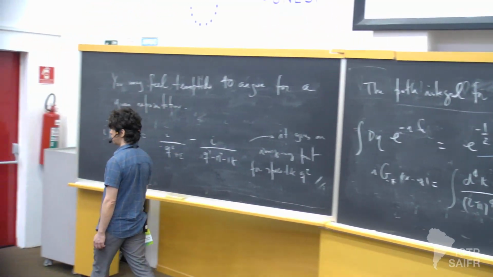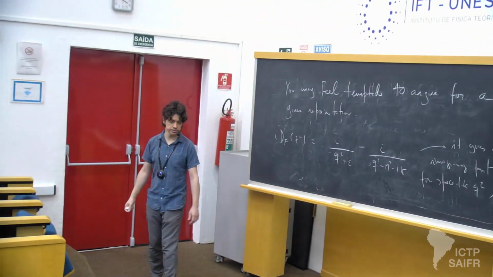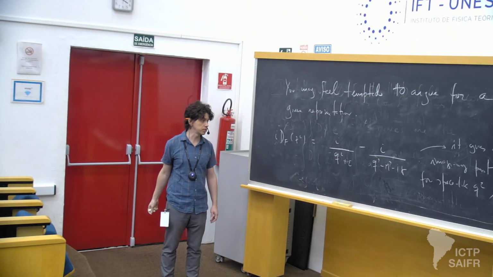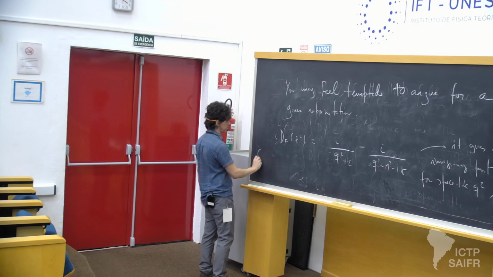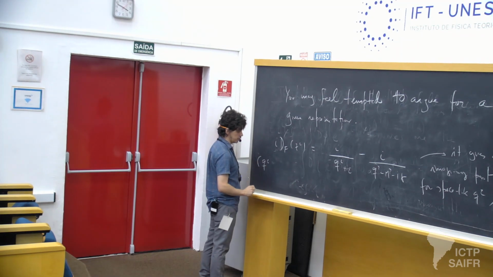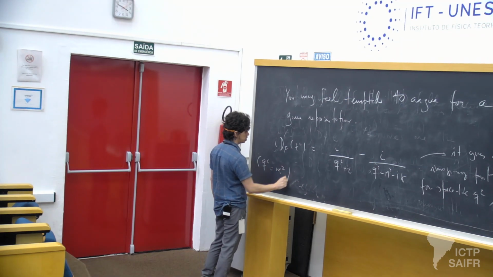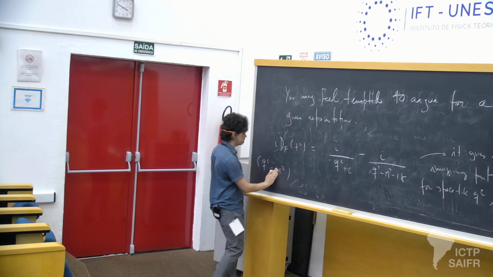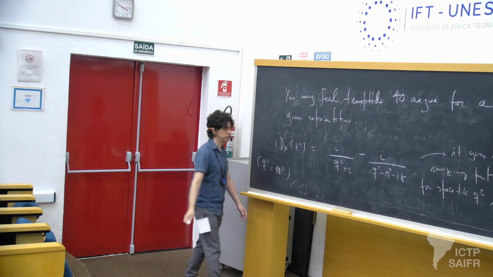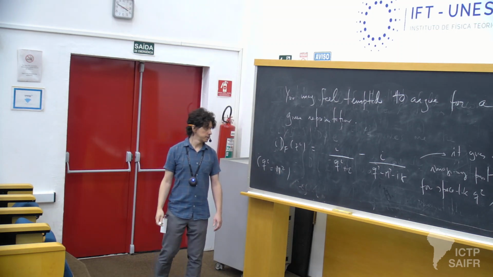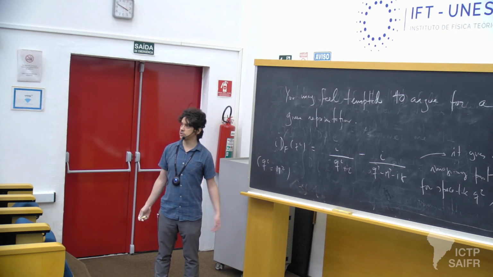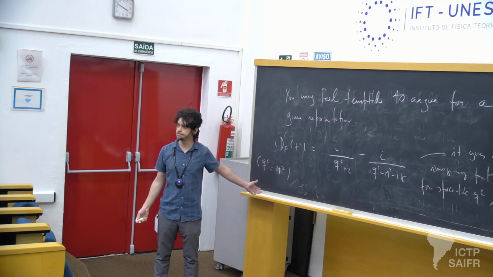An imaginary part means things that are propagating, so things that are on shell, right? So in my conventions, on shell means Q square equals M square. In this case, Q square equals capital M square. So this cannot be space-like, right?